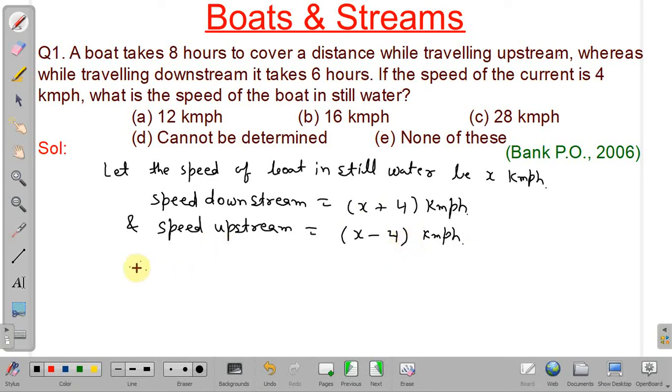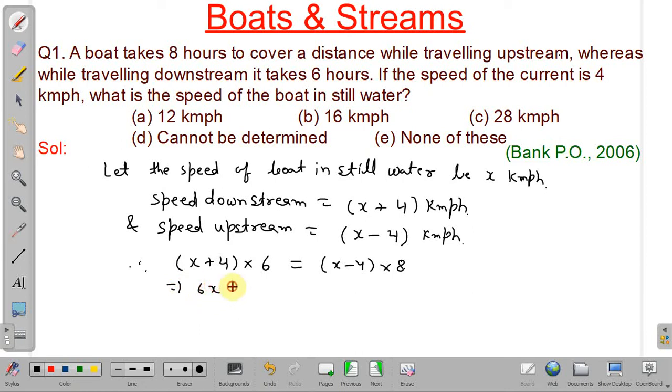Therefore we will equate the distance, and we will get distance equals speed into time. So downstream speed is x plus 4 and time taken in downstream direction is 6 hours. Similarly, in upstream direction, speed is x minus 4 and time is 8 hours. Okay. So solving this, we can find the value of x.